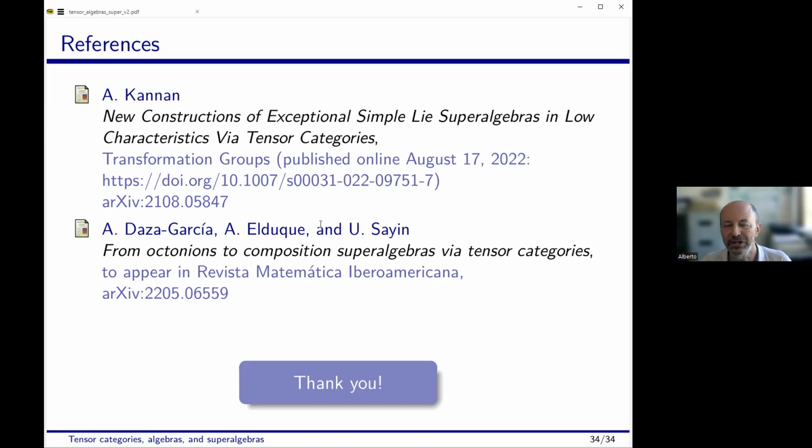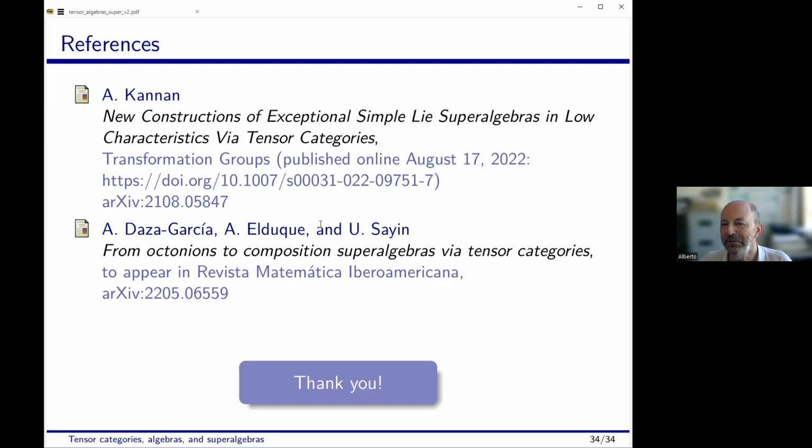Some of them related to symplectic triple systems, some related to orthogonal triple systems, some related to other constructions. And now we know that anytime we have an algebra over a field of characteristic 3, and we have an automorphism of order 3, from that data, we can form a superalgebra in characteristic 3. And most of the times, this superalgebra in the variety of alternative algebras or Lie algebras has no counterpart in characteristic 0 or in other characteristics.